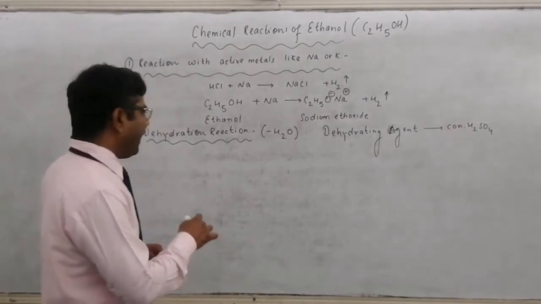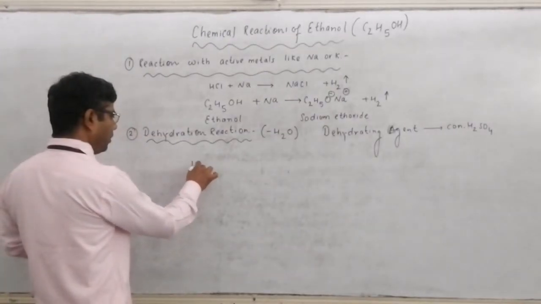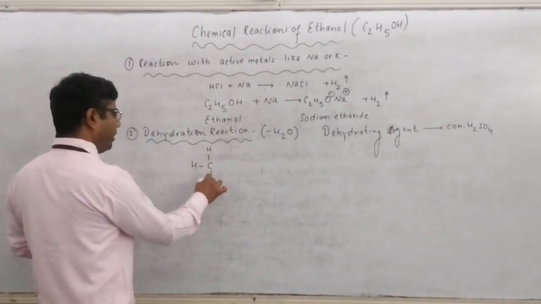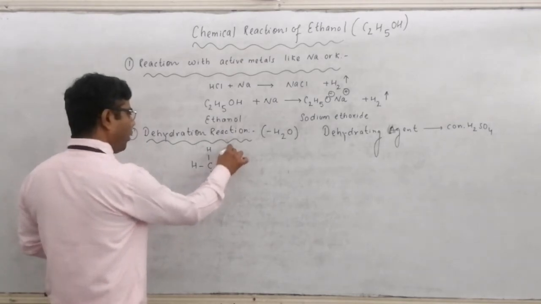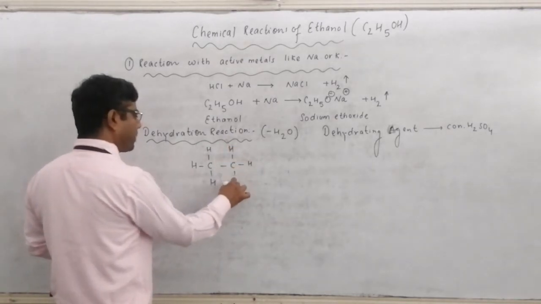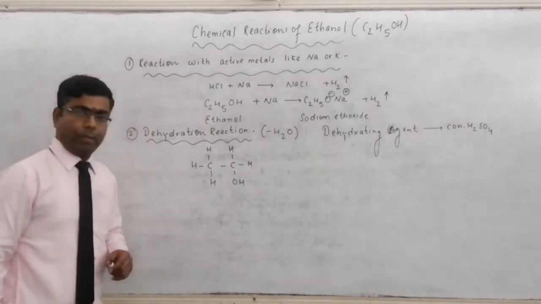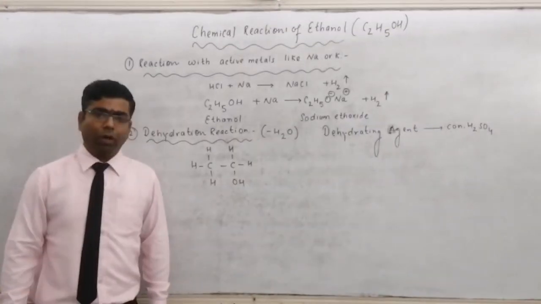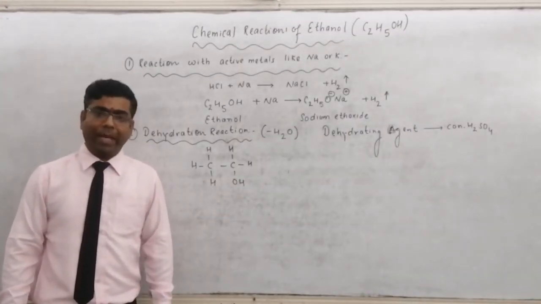So here, for ethanol, just write the open structural formula where we have represented all the bonds, because we want to show the removal of water, how the water molecule will be removed from alcohol.